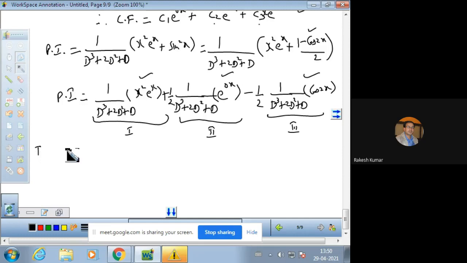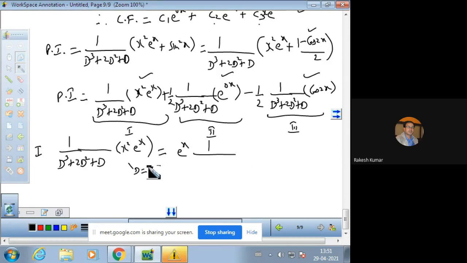So for the particular integral of number 1, let us do it separately. 1 over d cube plus 2d square plus d into x square e raised to power x. This has been discussed in the previous questions also, that the exponential term will come out, and you will put d equal to d plus a, and a is the coefficient of x.